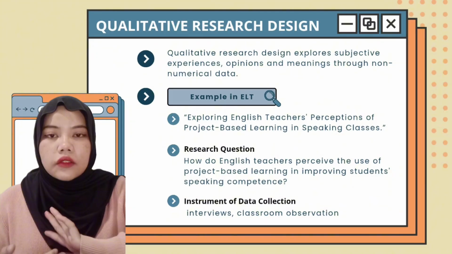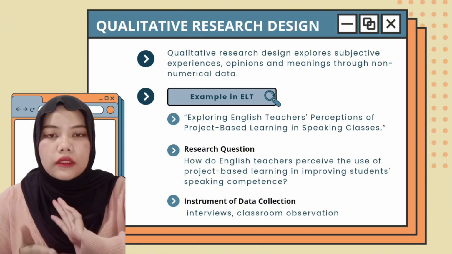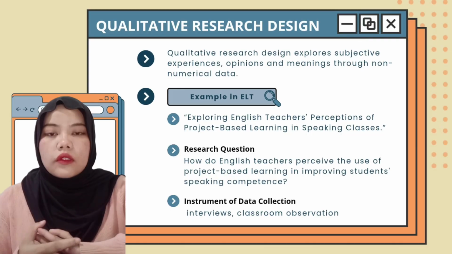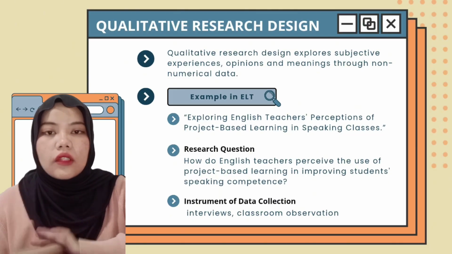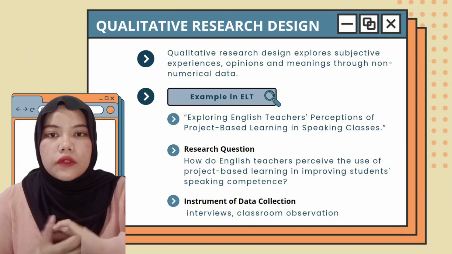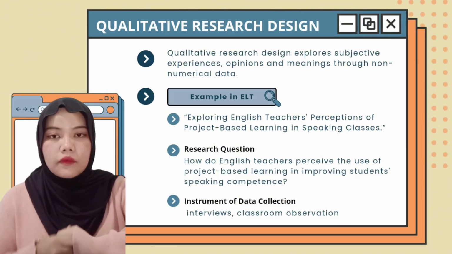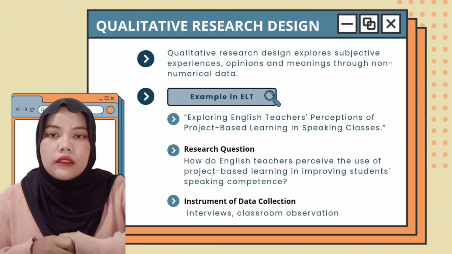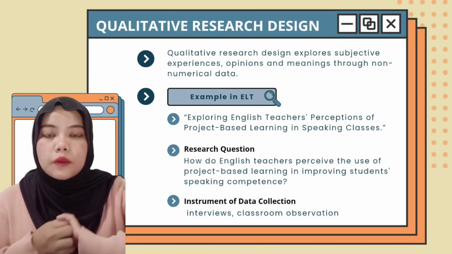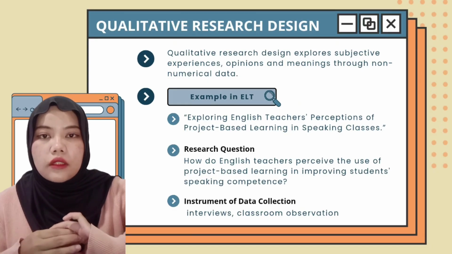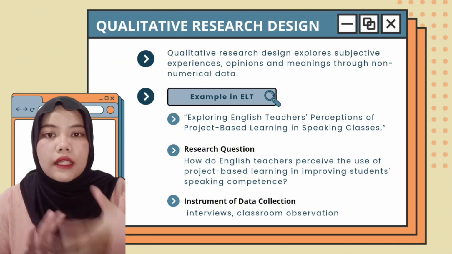Basically, the characteristics of qualitative research design are open-ended questions, smaller sample sizes, and data collected through interviews, observation, and taking notes. An example topic in ELT: exploring English teachers' perception of project-based learning in speaking class.